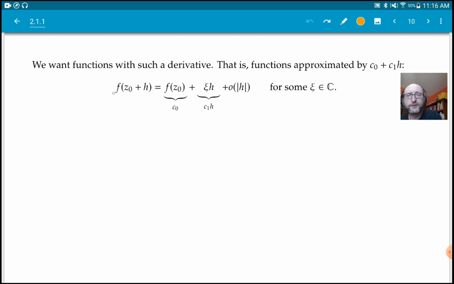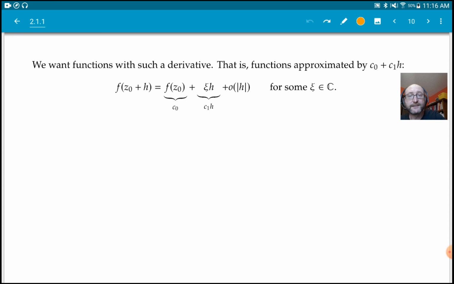So really what we want is an f such that at z0, I can look at f a little bit away, plus h away, and that I can approximate by this affine linear, right?